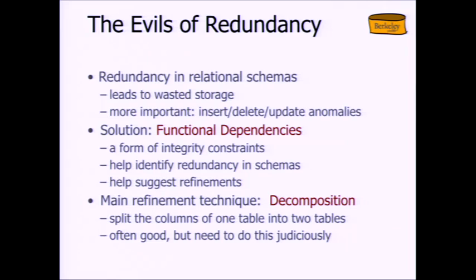Functional dependencies are a way of formalizing these kinds of integrity constraints which describe the relationships of different columns to each other, right? Different fields in our relations. What these functional dependencies help us do is identify redundancy in how we're storing our data and help us refine the design of this data.